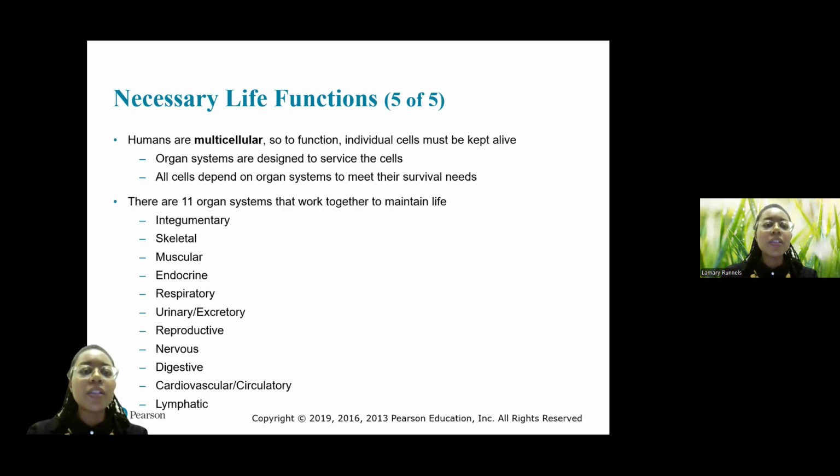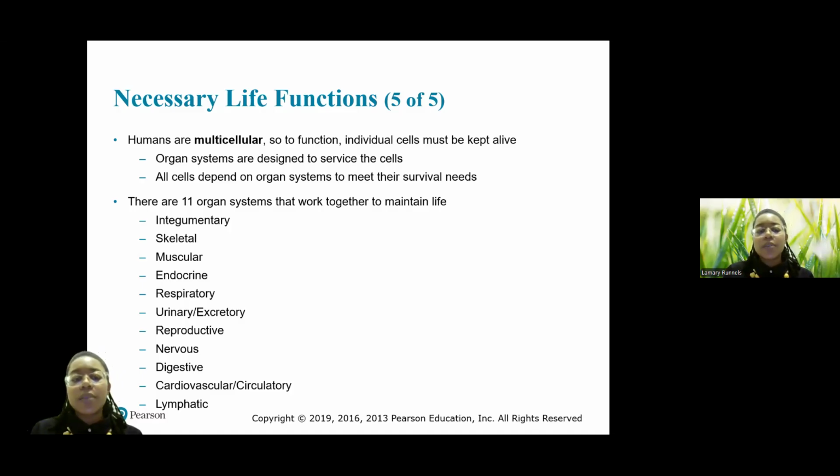There are 11 organ systems within the body that work together. Talking about the human: integumentary, skeletal, muscular, endocrine, respiratory, urinary, which from time to time you'll hear me say excretory. I use those interchangeably. Reproductive system, that includes the male and female reproductive systems.